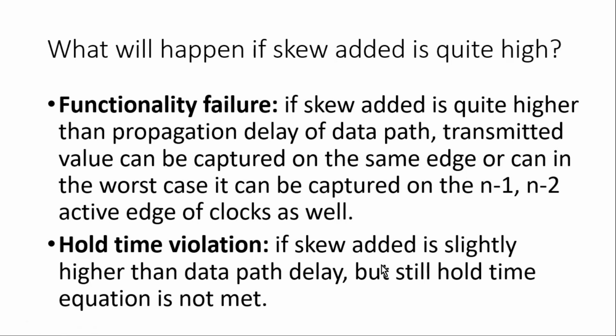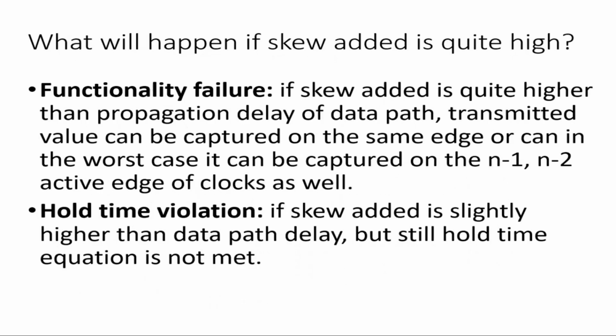Whatever hold time analysis checks we are doing, we do on the same active edge of the clock. If flip-flop 1 is throwing some data on the nth active edge of the clock, we are doing hold time checks on flip-flop 2 on the same active edge of the clock. And unlike setup violation checks, hold time violation checks are done on the same active edge of the clock.